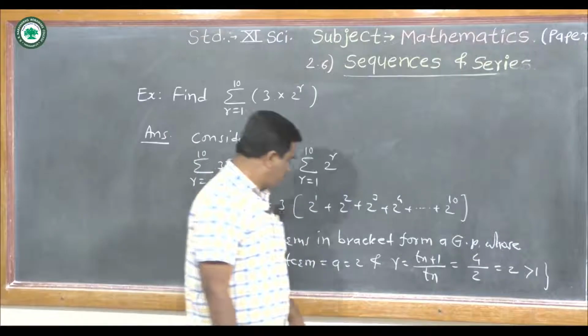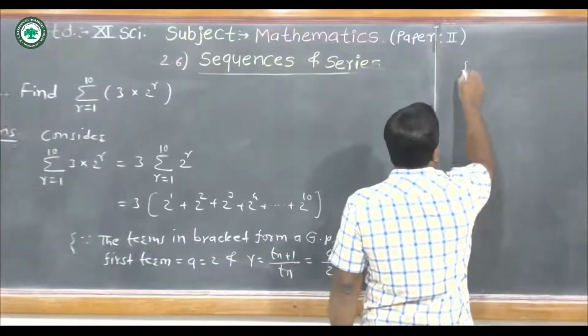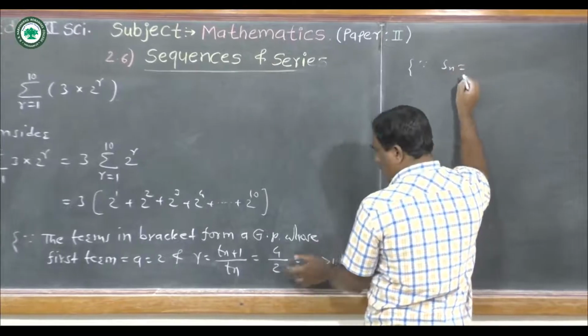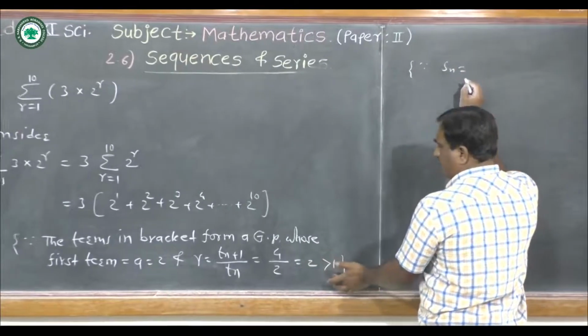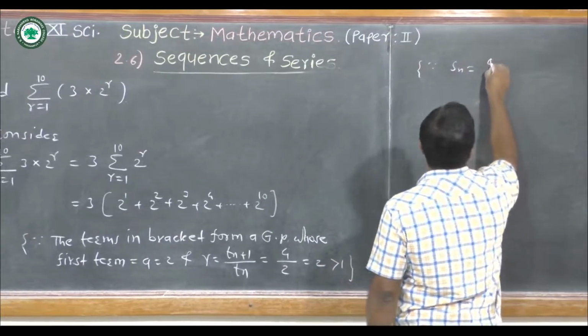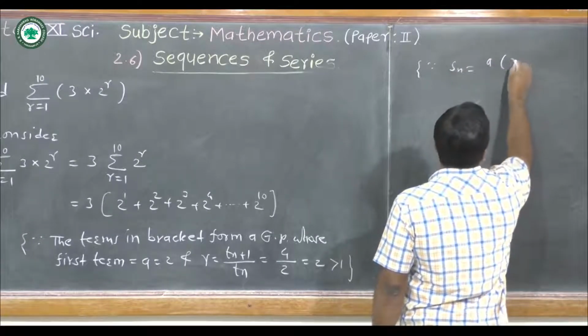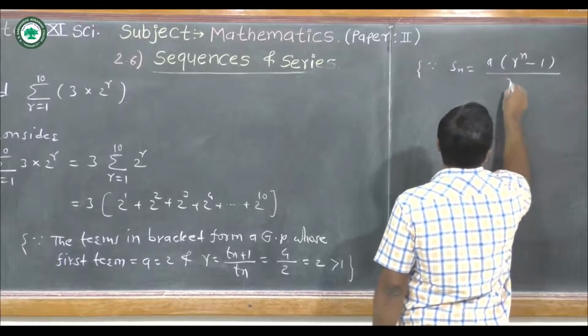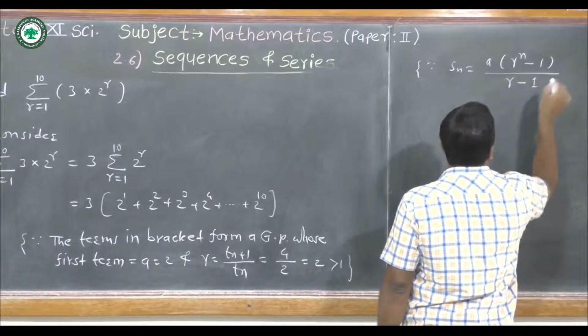Sn is equal to, we write here the formula, Sn is equal to, R is greater than 1, therefore we use the formula here A into, in bracket, R raised to n minus 1 upon R minus 1.